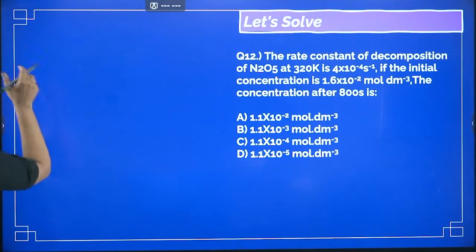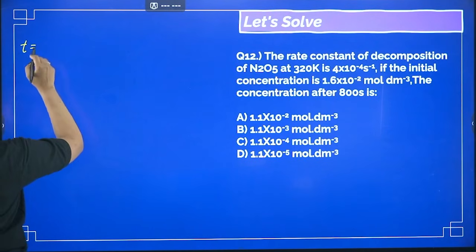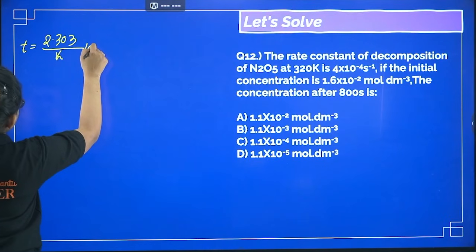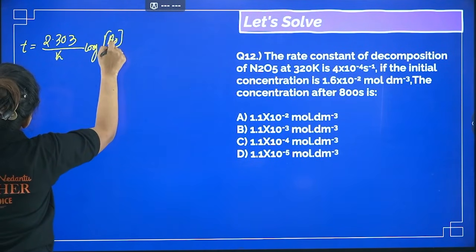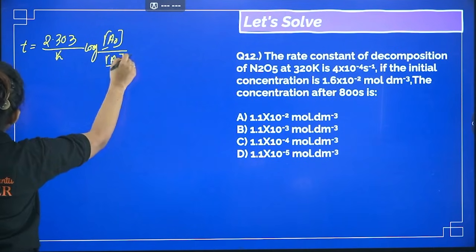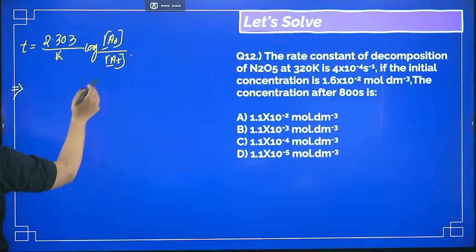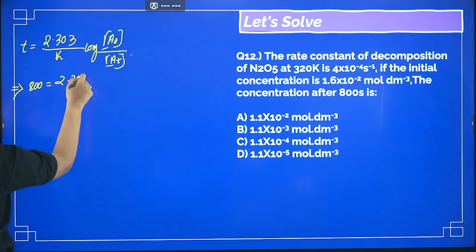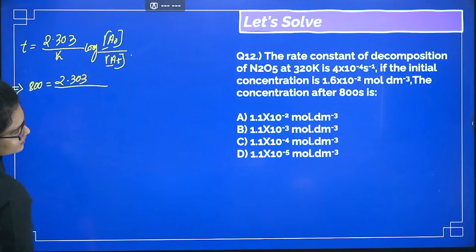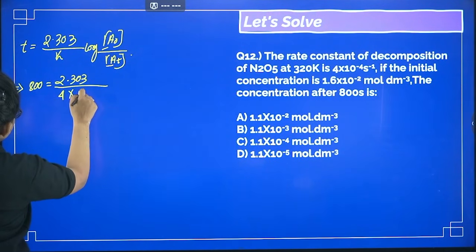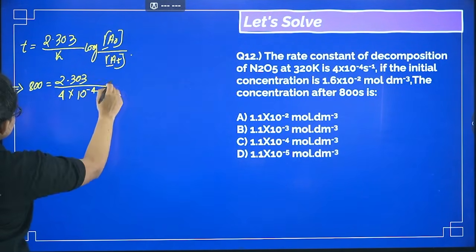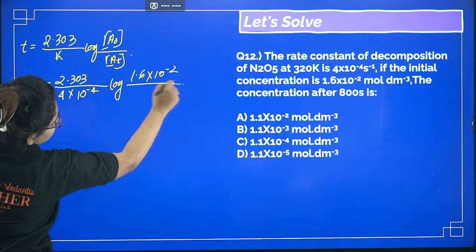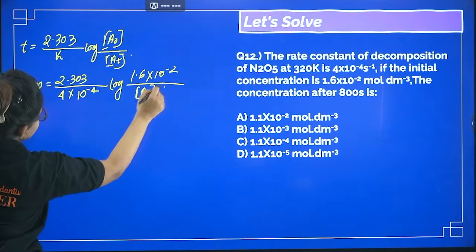Okay, so here I will simply apply the first order integrated rate law: t equals 2.303 divided by K into log of A0 by At. Everything I just have to put in, I have to find out At, that's it. So 800 equals 2.303 divided by K value, 4 into 10 power minus 4, into log of A0, 1.6 into 10 power minus 2, divided by At.